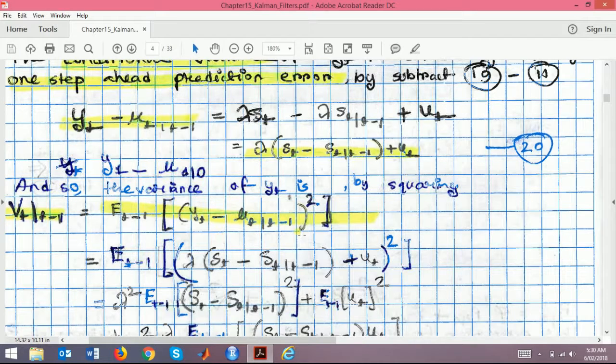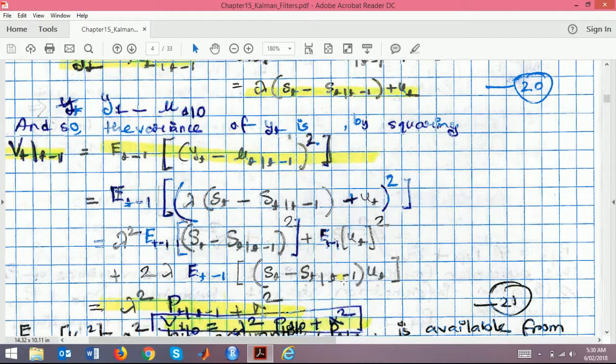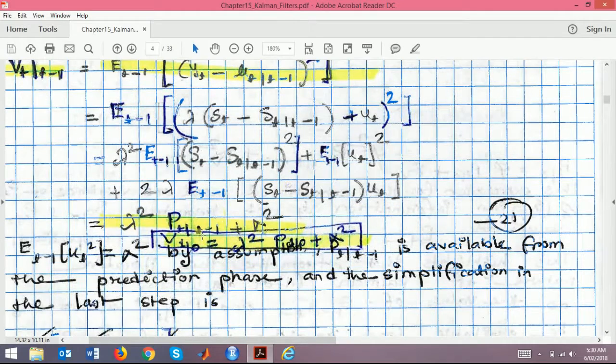So yt minus mu1|0 squared is lambda times S1 minus S1|0 plus ut, whole squared, because yt is lambda st plus ut, and the mean is lambda S1|0. So then we end up with lambda squared P1|0 plus sigma squared residual.